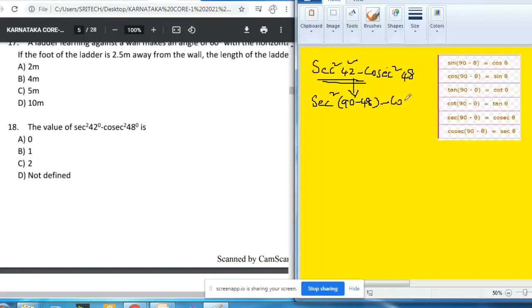So minus cosecant square 48. As we already know that secant 90 minus theta is nothing but cosecant theta. So secant square 90 minus 48 will be cosecant square 48. Cosecant square 48 minus cosecant square 48 will be equal to 0. So same value minus same value. So correct option for this question is A, 0.